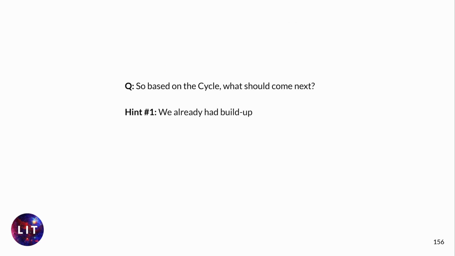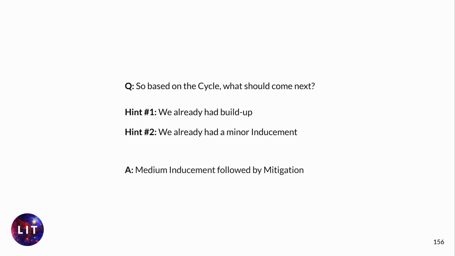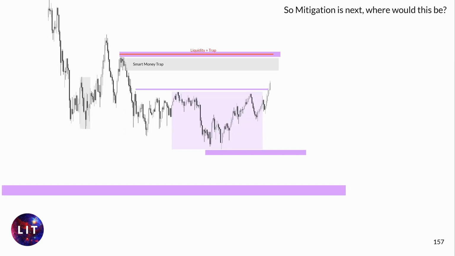Again, a hint is we already had a build-up, we already had a minor inducement, and the only thing left is a medium inducement followed by a mitigation to complete the cycle with the build-up, inducement, and mitigation also on an internal basis. So if you go back in here, mitigation is next. Of course, it's not the smart money trap, that will be the inducement.